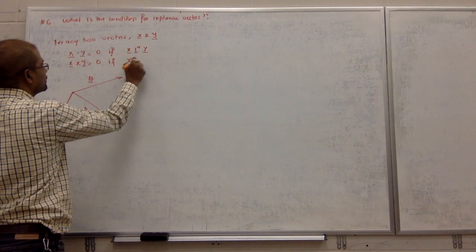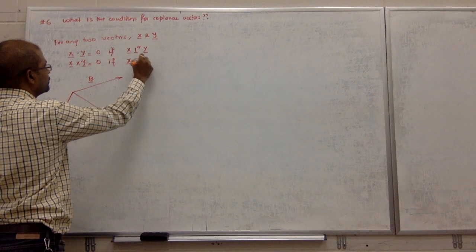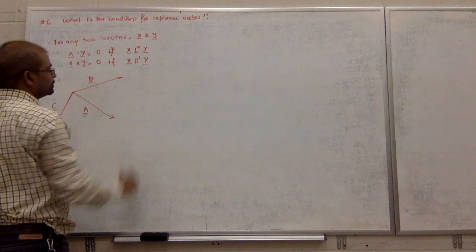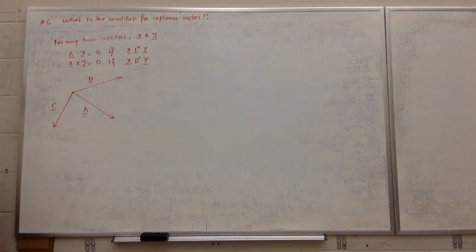If x is parallel to y, what is the angle between them? 0 or 180, right? What is the definition of x cross y? |x||y| sine theta, right? Sine of 0 is 0, sine of 180 is 0.